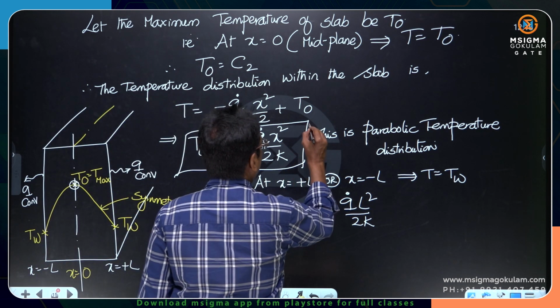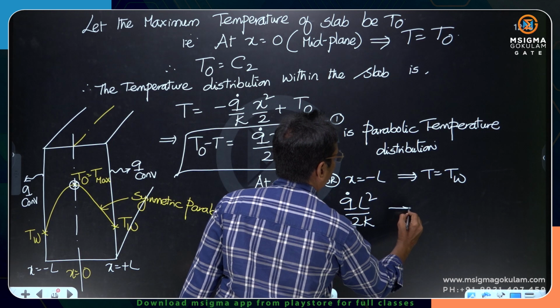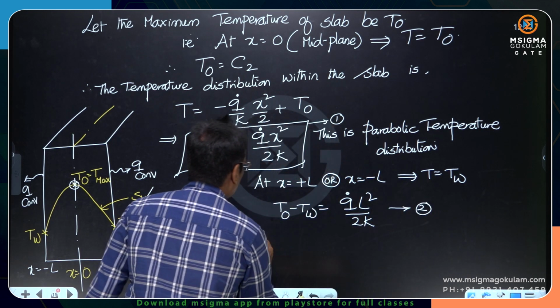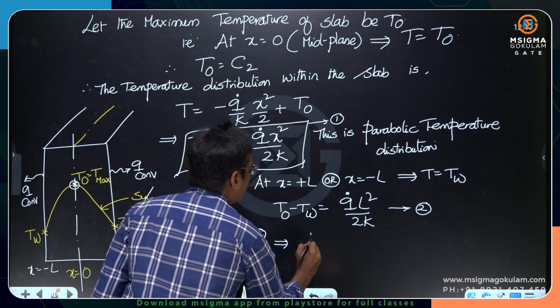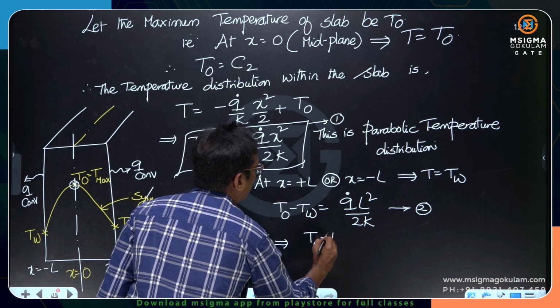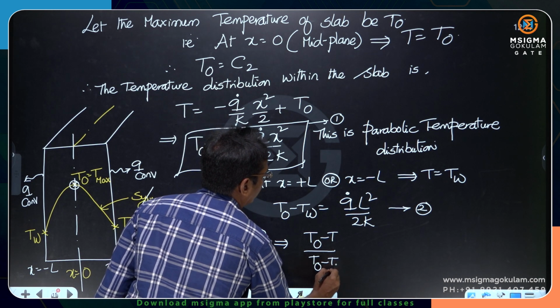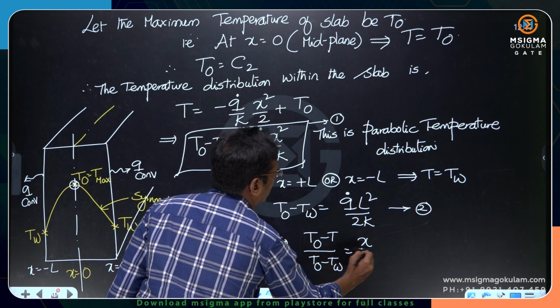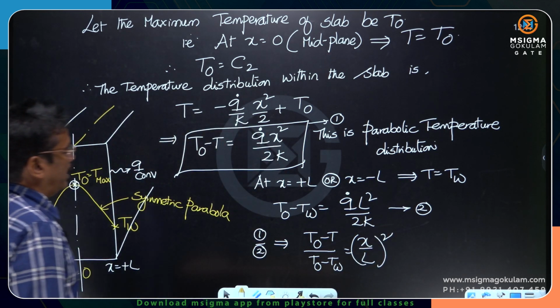Now if we call this equation 1 and this equation 2, and you divide 1 by 2, you get the temperature distribution in a non-dimensional format: T0 minus T by T0 minus TW equal to x by L whole square.